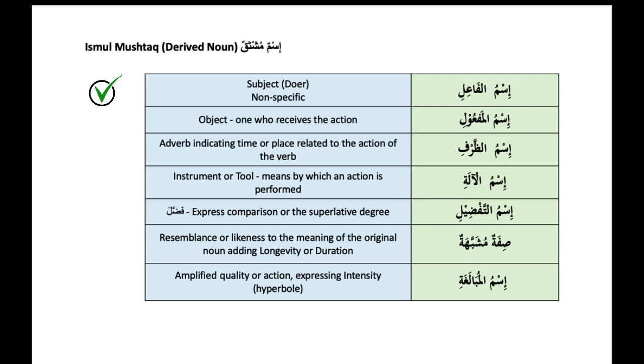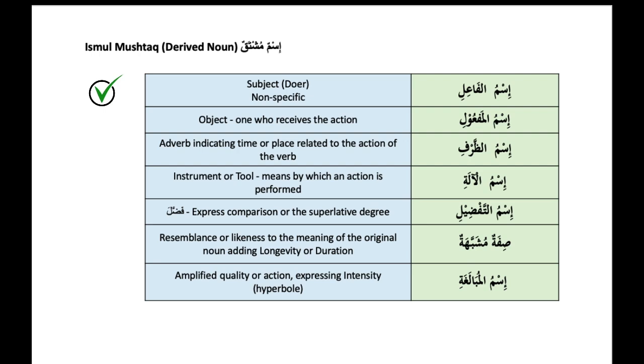So if we say Nasara, its Ismul Fa'il is Nasirun. Nasara, he helped. Ismul Fa'il is Nasirun, the one who helps, helper. But there is no indication of how this person helps, how much he helps, how little he helps, how often he helps, or does he help all the time.